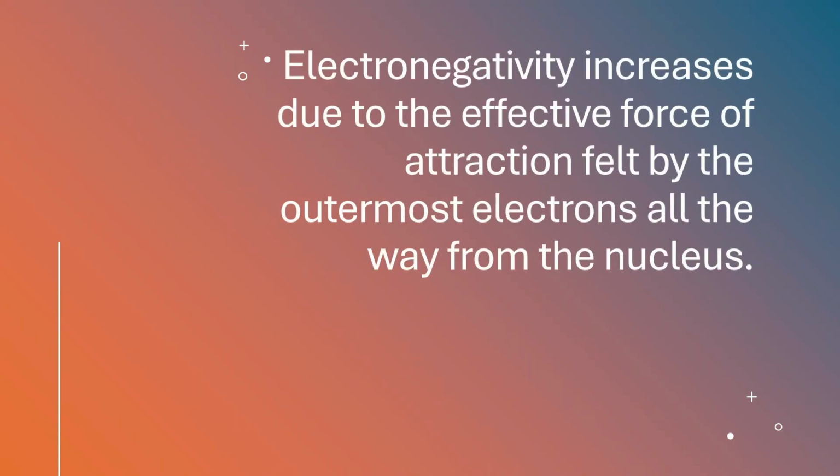So with that being said, on those different concepts we've discussed, electronegativity increases due to the effective force of attraction felt by the outermost valence electrons all the way from the nucleus. Because protons have a positive charge, they are attracted to electrons, so it increases as the effective force is felt towards the outermost shell of valence electrons.